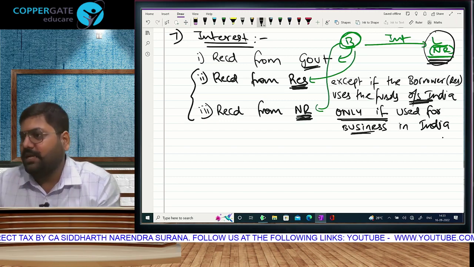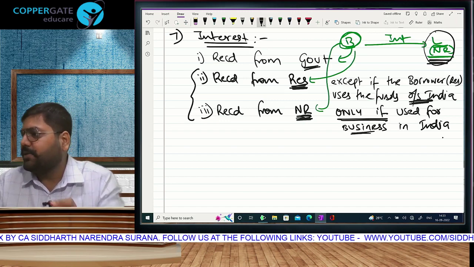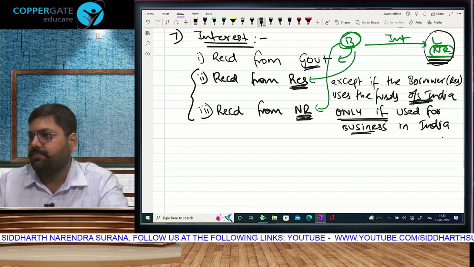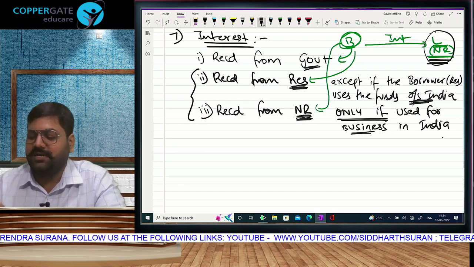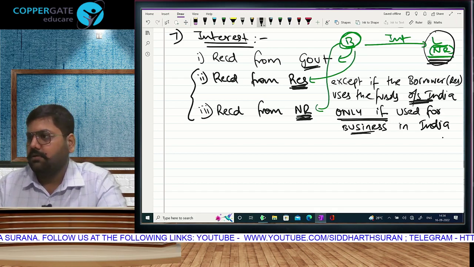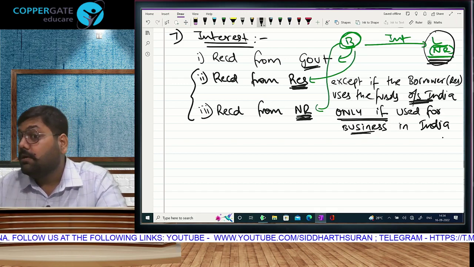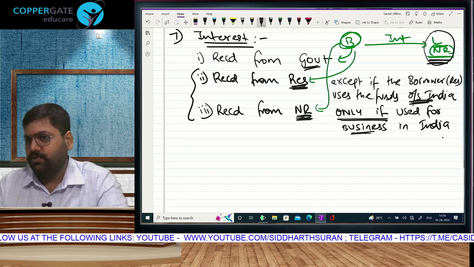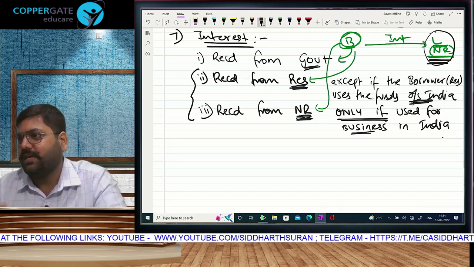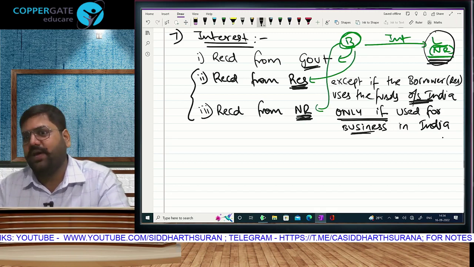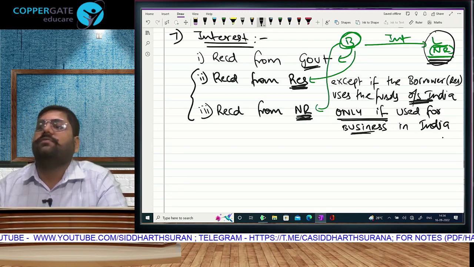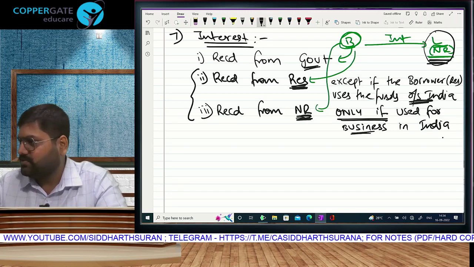And if the funds are used outside India, then whether paid by resident or non-resident, it will not be treated as Indian income. Because interest income arises at the place where the funds are utilized. I said interest arises where? The answer is not where interest is accrued, because interest arises where is the same as interest accrues where? Where the funds are utilized, where the funds are used. Is that understood?